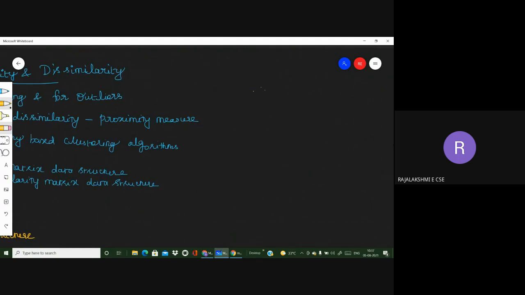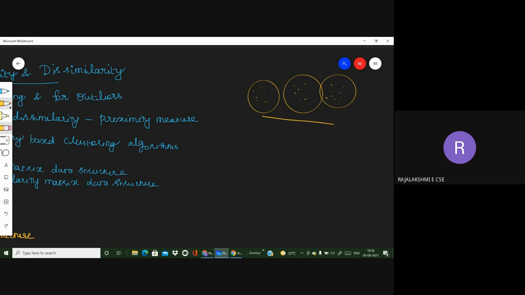Suppose several varieties of data are there, and I'm plotting those data in a two-dimensional graph. Depending upon some similarity, I will group the data into groups, or clusters. Using some similarity between these data, I'll form clusters.